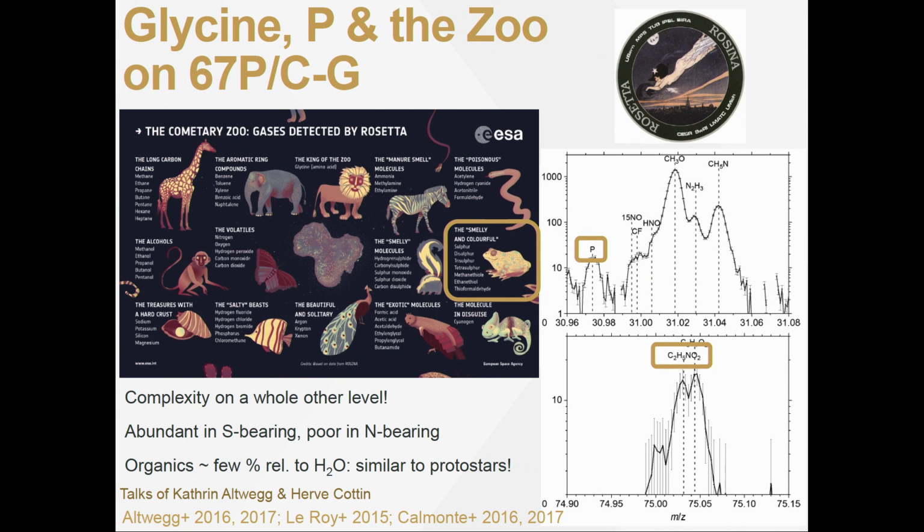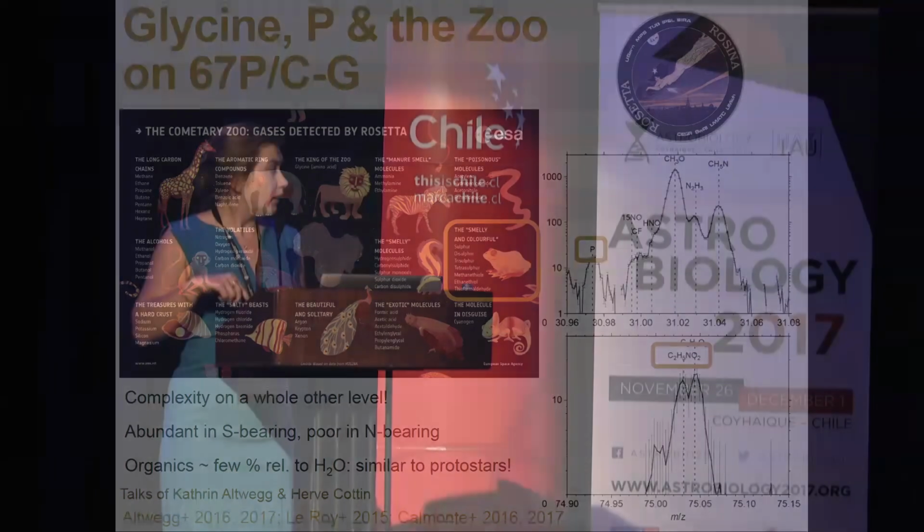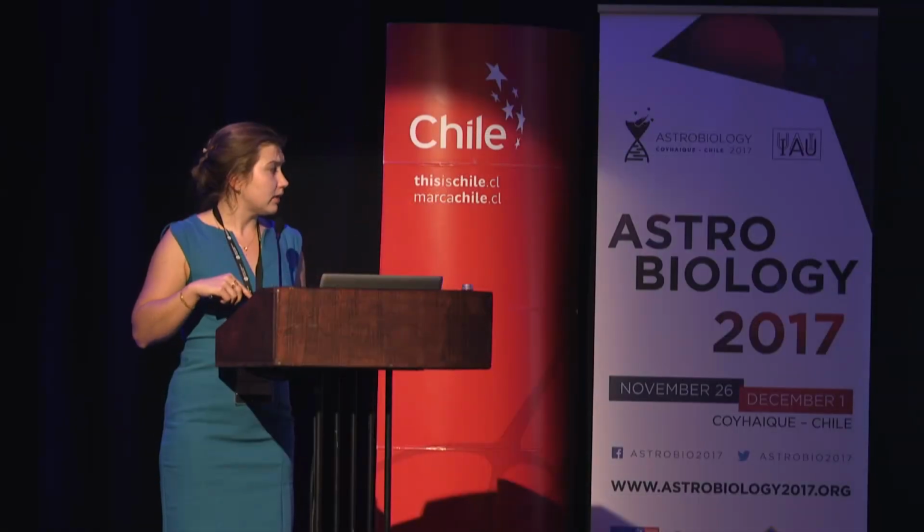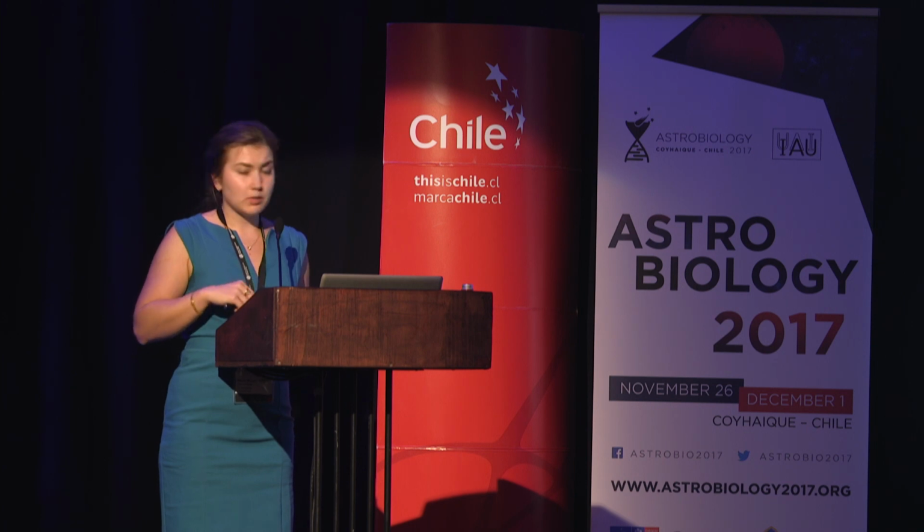It also seems that the comet is rich in sulfur-bearing species and is actually richer in sulfur-bearing species than the nitrogen-bearing species, so giving this extra motivation to be interested in the sulfur bearings. In total, the organics seem to be a few percent relative to water, so this is similar to protostars.